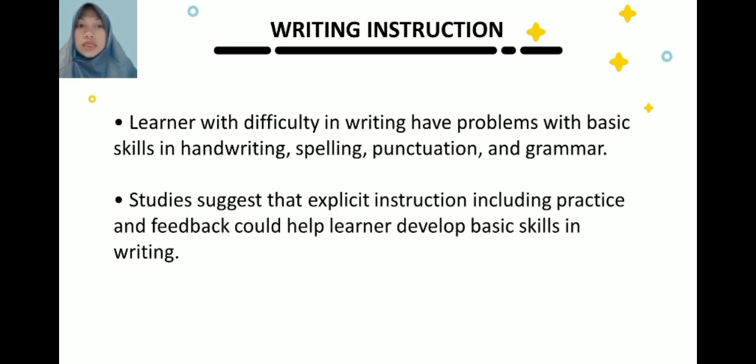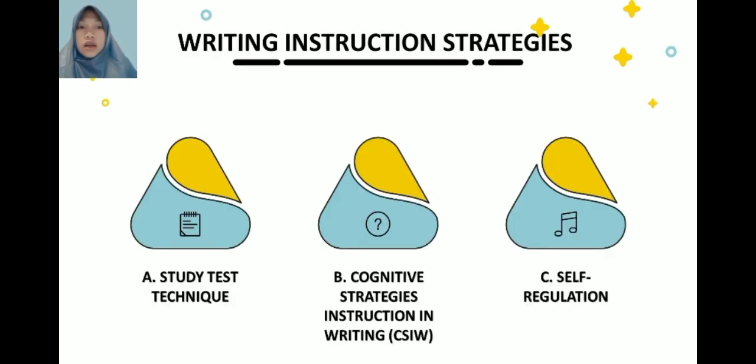Studies suggest that explicit instruction, including practice and feedback, could help learners develop basic skills in writing. Using technology can also aid writing difficulties. Below are other suggested teaching strategies in writing instruction for the learners with difficulty remembering and focusing.